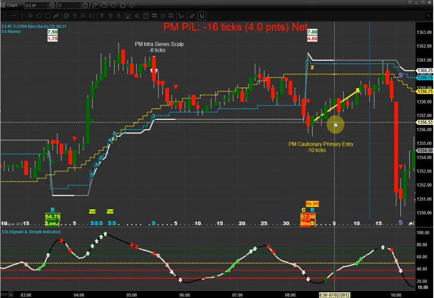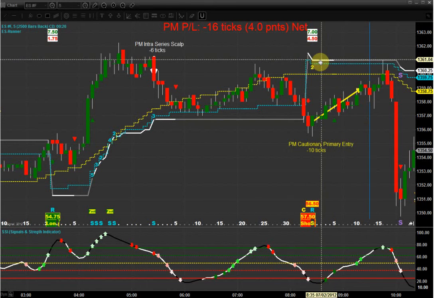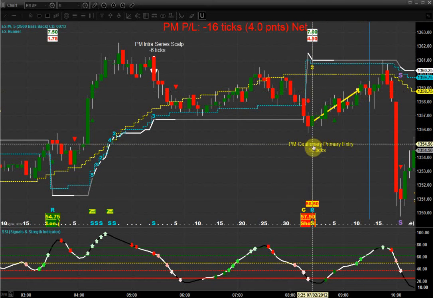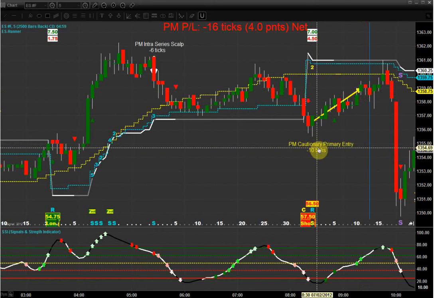The rule is that when an opposite direction triangle forms, when the smart line has gone flat 5 periods without any kind of a shape, as you would see up here, that's a rule to exit the trade. This one was very close to it, but nevertheless, it's a 10-tick loser, 2.5 points of pre-market on a 1-contract trade.